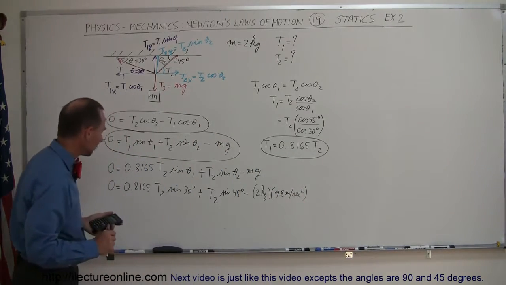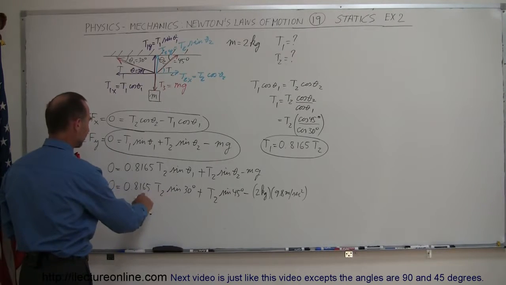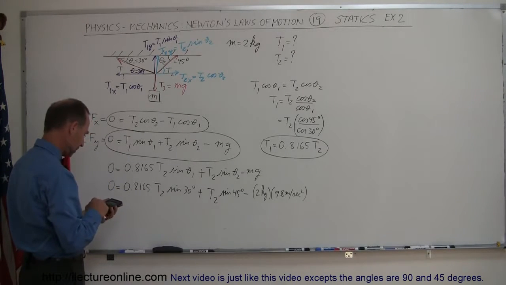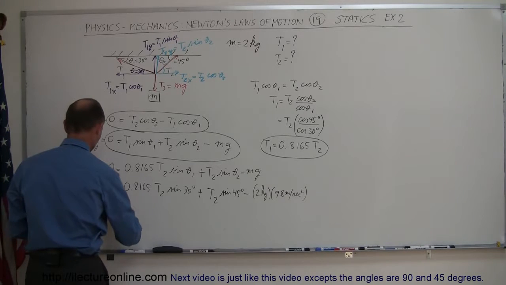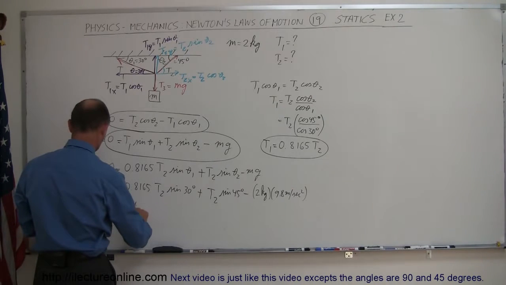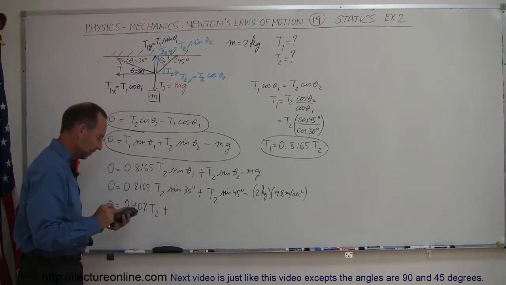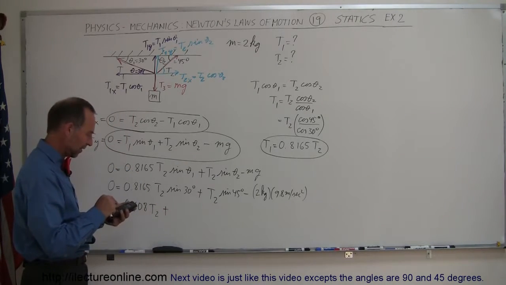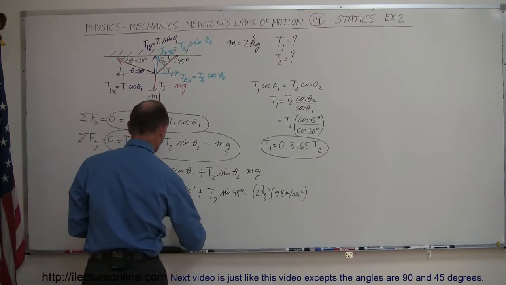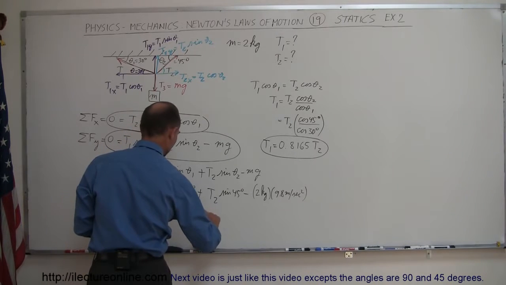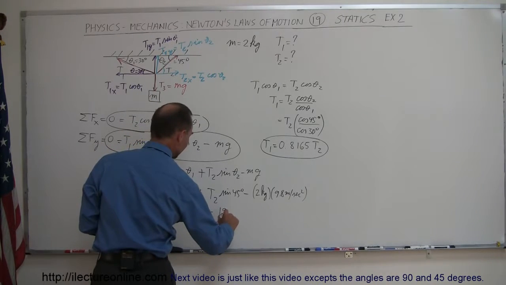Okay, so sine of 30 is 1/2, so 1/2 times this, so divided by 2 equals, so we have 0 is equal to 0.408 T2 plus the sine of 45, which is 0.707 T2 minus 19.6.